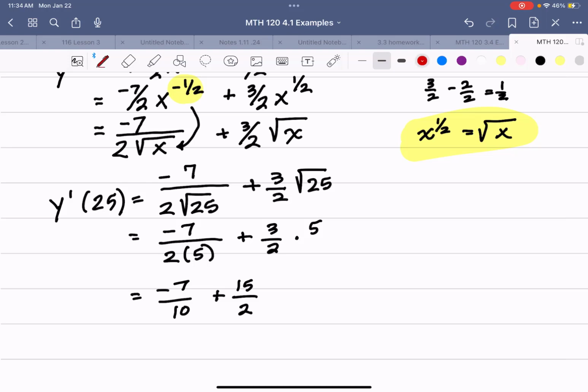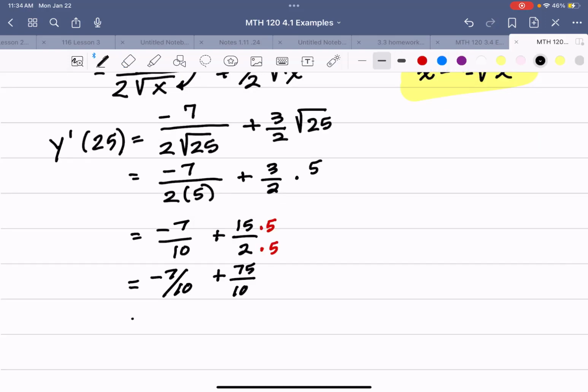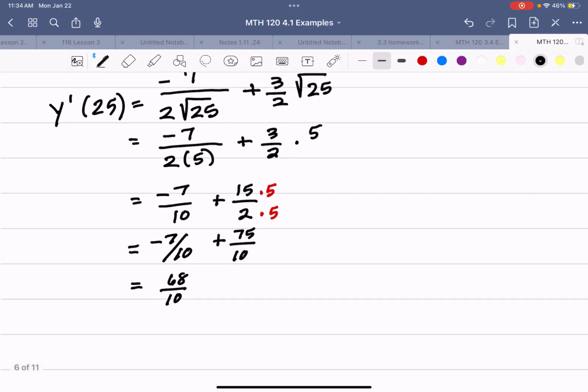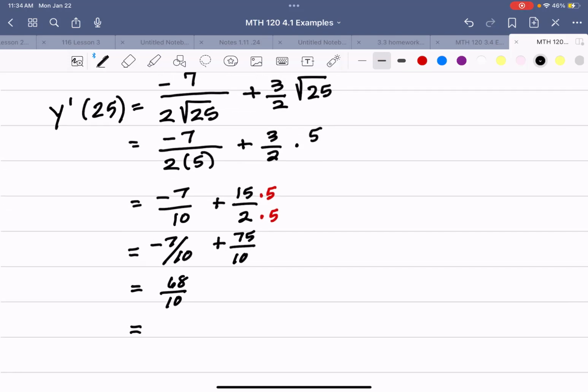And of course, I want a denominator of 10 this time, so I'm going to multiply this second fraction top and bottom by 5. So negative 7/10 plus 75/10, and so that's going to give me 68 over 10, which reduces to 34 over 5. So the slope of the tangent to that curve at 25 is 34/5.